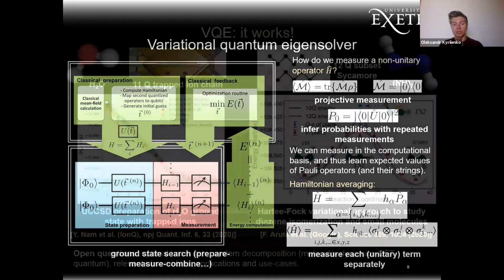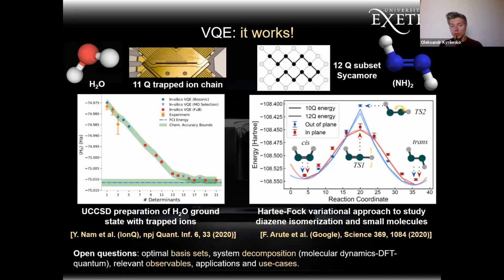Here is a slide with latest examples of VQE, and basically what I just want to say is that it works. And it's not a trivial question to ask, because it's variational and in some way heuristic procedure. But we can do it for reasonably, so it's not large systems, but intermediate size systems with 11 trapped ions, and recently with 12 qubits using Sycamore chip.